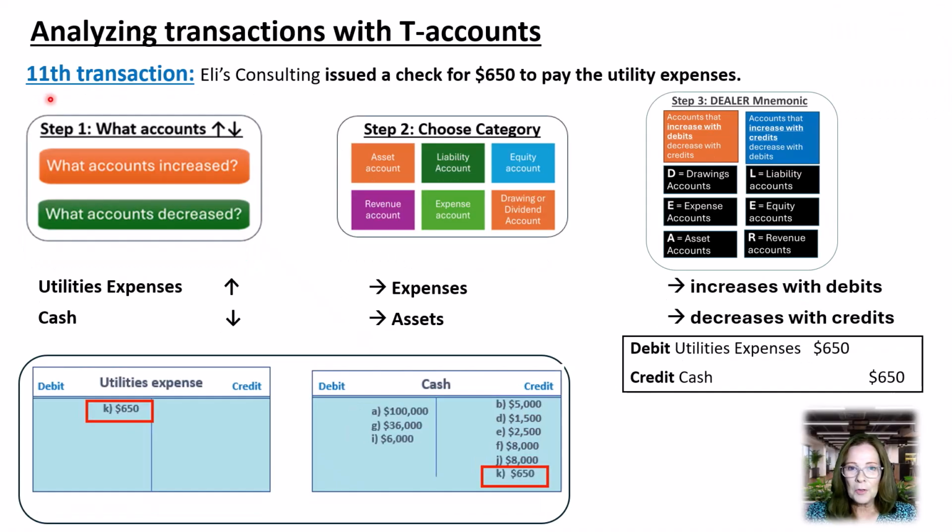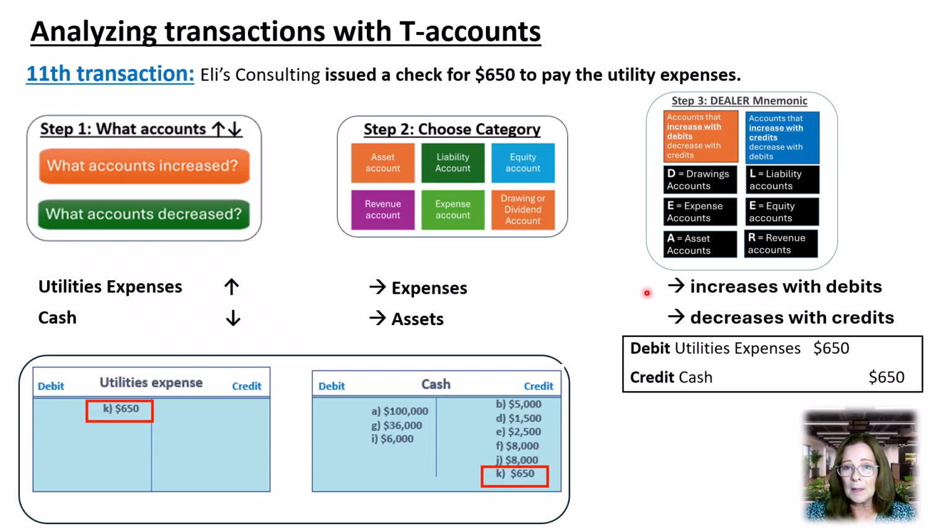In the 11th transaction, Eli's Consulting issued a check for $650 to pay the utility expenses. We previously analyzed this transaction using the accounting equation and said that the business now has more utility expenses. Utility expenses are classified as expenses, and the DEALER graph tells us that expenses increase with debits.